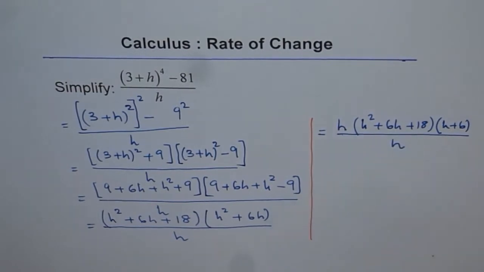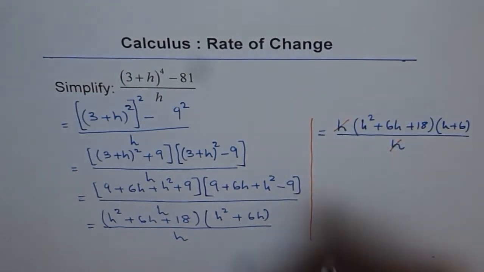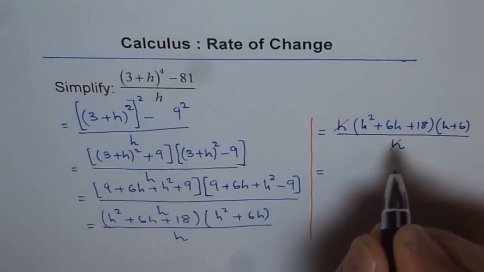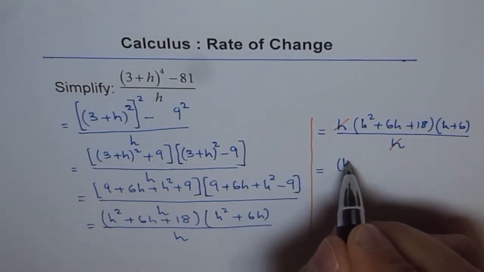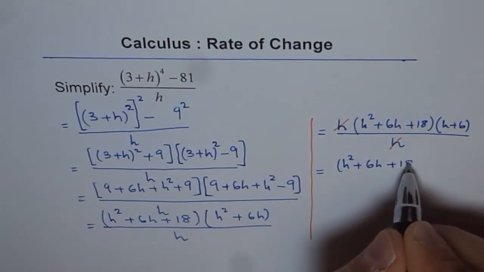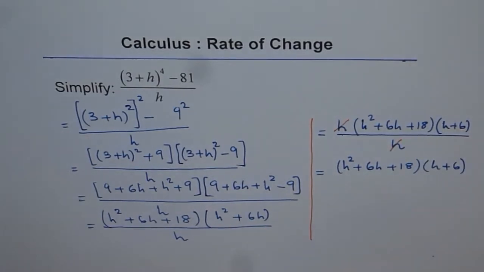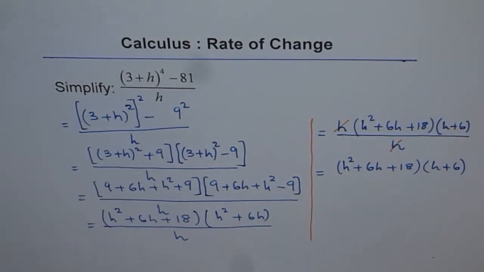You see that? And now we can cross out, h divided by h is 1. And so we get the term (h square plus 6h plus 18) times (h plus 6). So that is the simplified form of the given expression, right? So that is how you're going to do it.